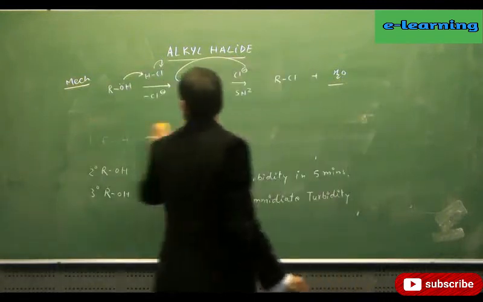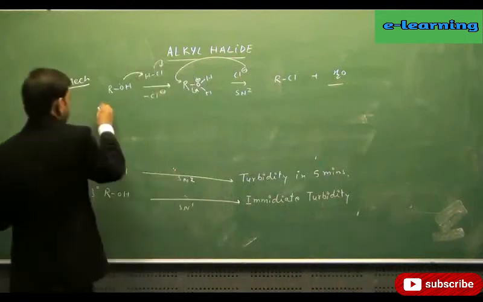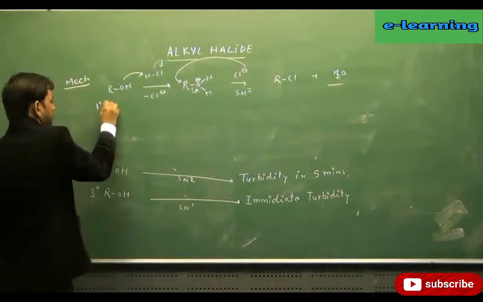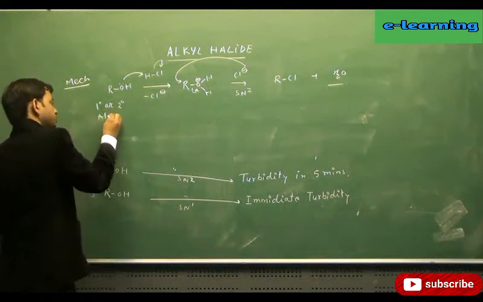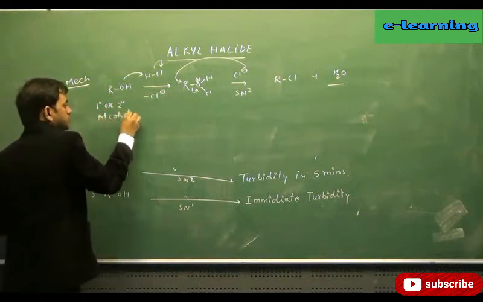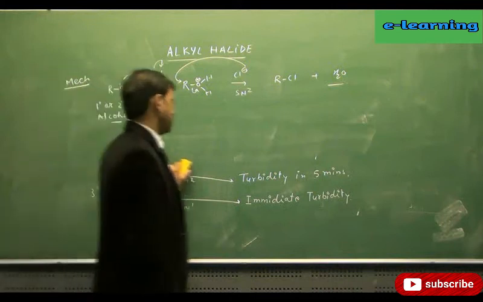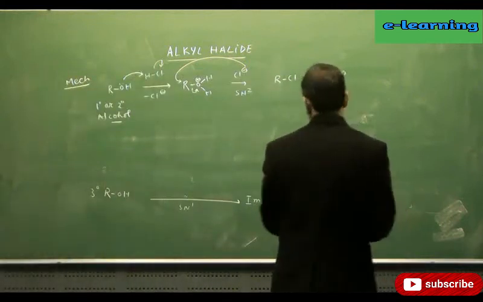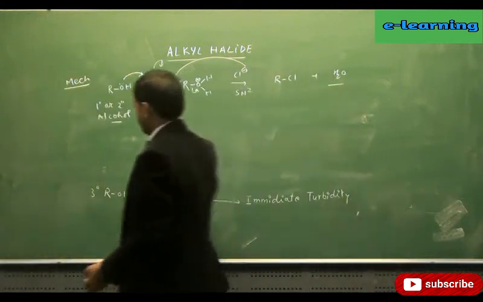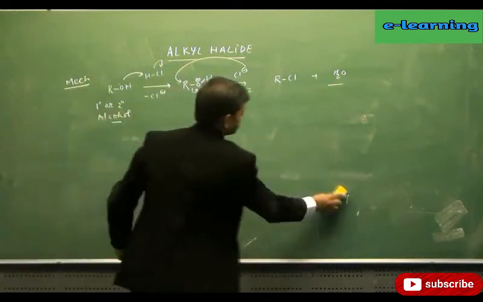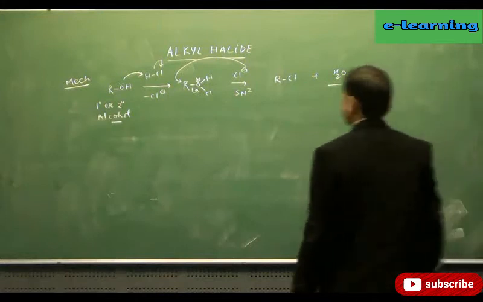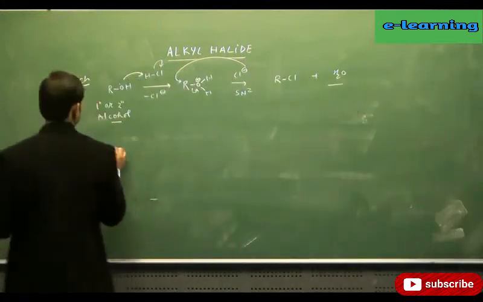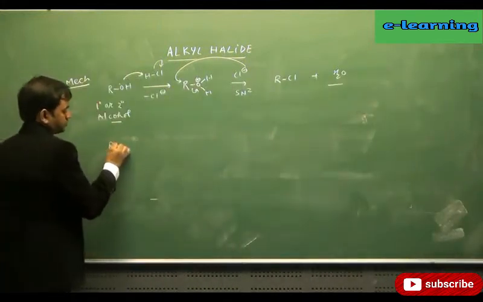If it is 3 degree: in case of 1 degree or 2 degree alcohol, it is SN2. If it is 3 degree or if it gives a resonance stabilized carbocation, the reaction is SN1.